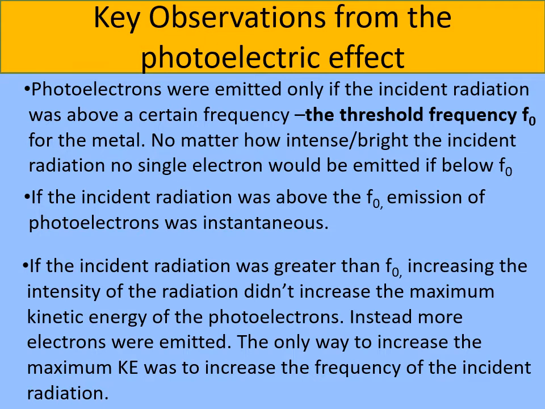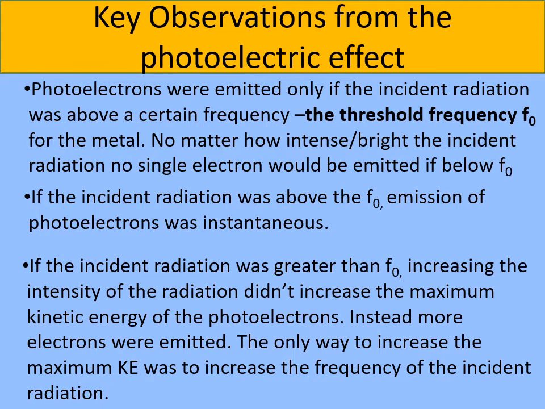If light just acted like a wave, we'd have a brighter light and more waves coming in. The wave model expects that these waves be absorbed by the electrons, and the electrons get the energy from the light and they would be liberated. But we didn't see that happening at all in the photoelectric effect experiment.